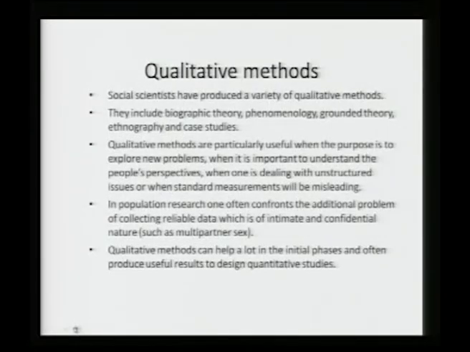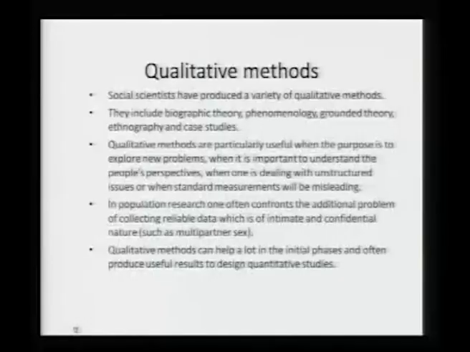Qualitative methods, let us talk a little about qualitative methods now. Social scientists have produced a variety of qualitative methods. They include biographic method, phenomenology or subjective meanings, meanings that individuals attach to something. It may be something like pain, HIV, migration, or family size.